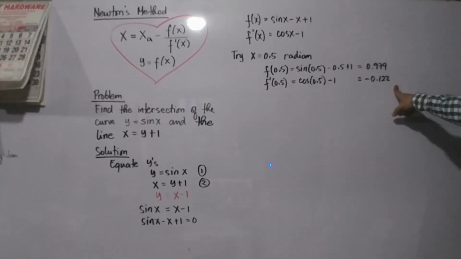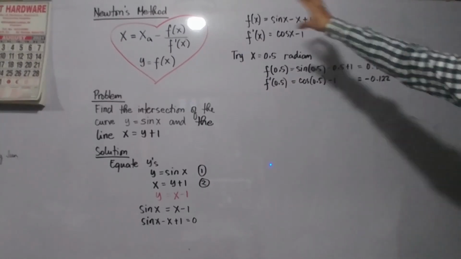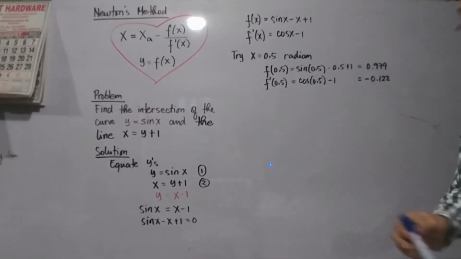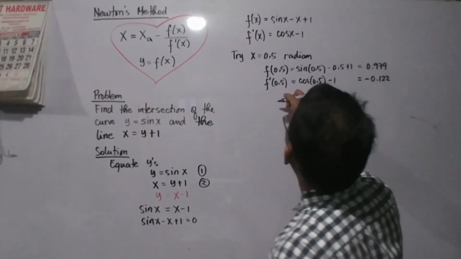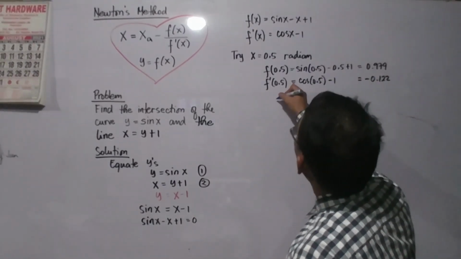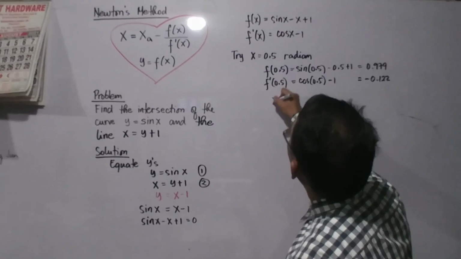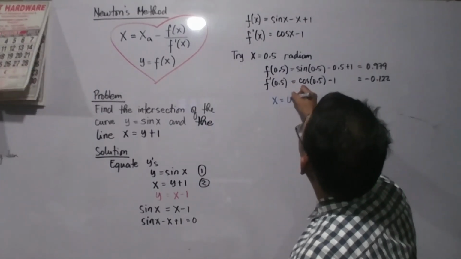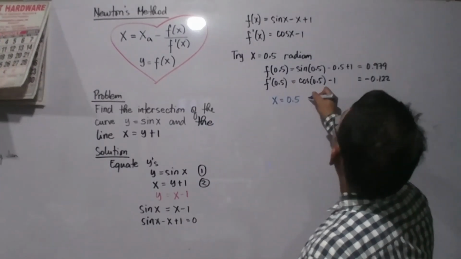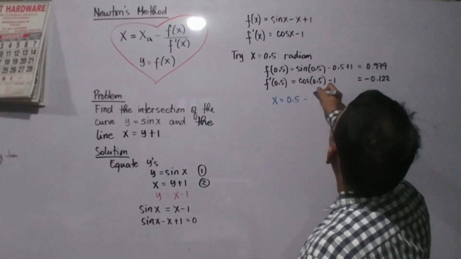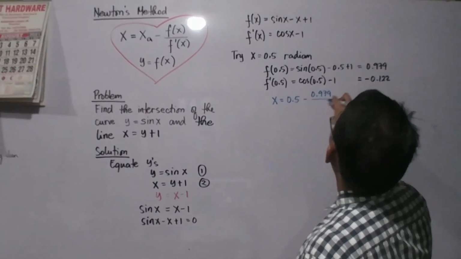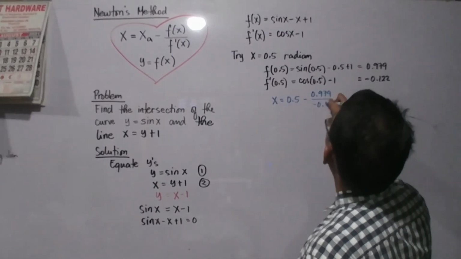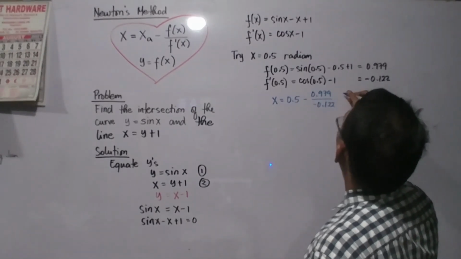As you notice, you have now this value. Then, substitute it to the formula. So, we have now x equals 0.5 minus 0.979 over negative 0.122.